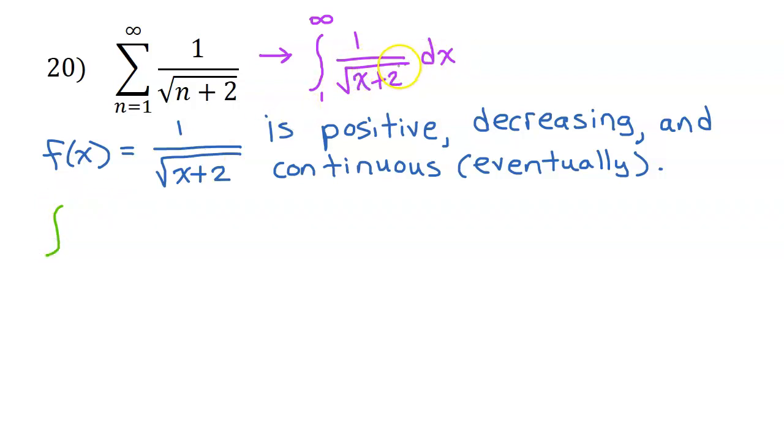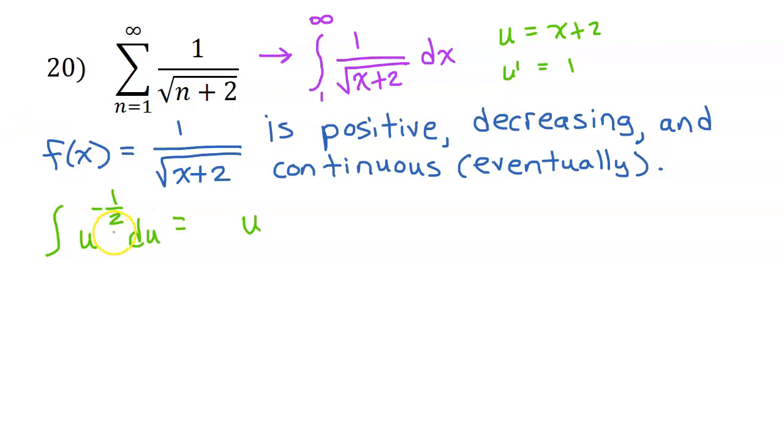Let's do U-Substitution. If u is equal to x plus 2, then u prime is just equal to 1. So, doing that substitution, we have 1 over the square root of u du. Normally, I would say du over u prime, but that's just 1. So we have this. Let's rewrite this as u to the negative 1/2 power.